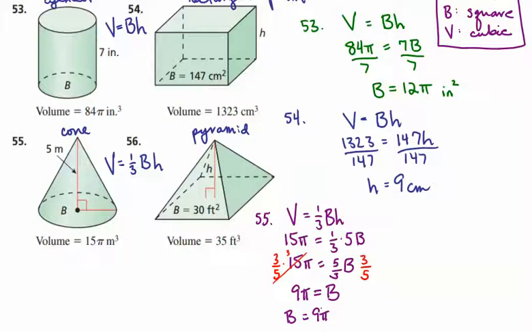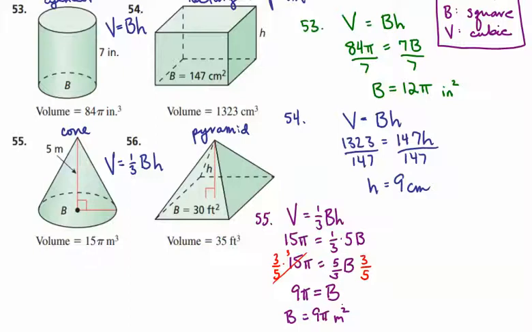Since this is the area of the base, our units have to be square units for area, and that would be 9 pi meters squared. We have to be really careful with our units of measure in these cases.